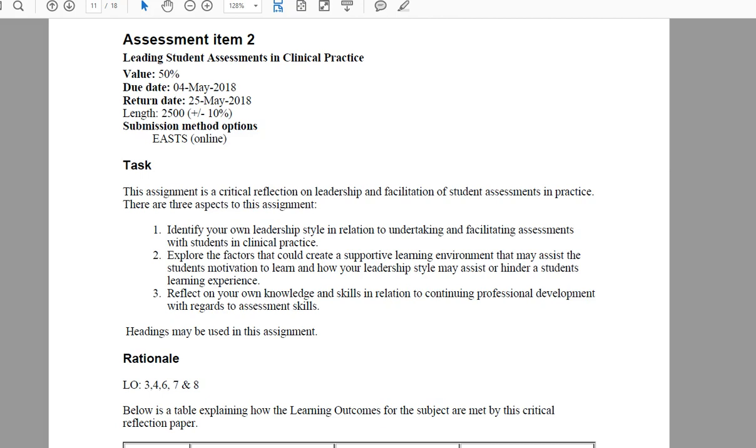So have a think about what sort of leader you are, and work out the sort of leadership style that you demonstrate with the students that you lead in facilitation, or think about how you've mentored other nurses or other health professionals, physios or radiologists, radiographers, sonographers in the past, depending on your health profession.